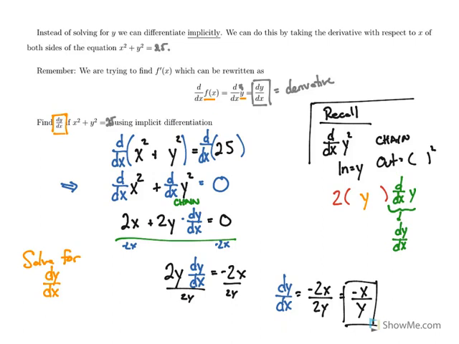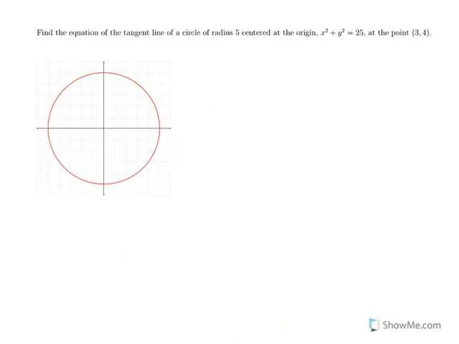So now we can finish off the problem. We have the derivative. Now let's think about the original problem. Find the equation of the tangent line of a circle of radius 5, centered at the origin. That's x squared plus y squared equals 25 at the point (3, 4). So we know that the derivative here is going to be negative x over y.